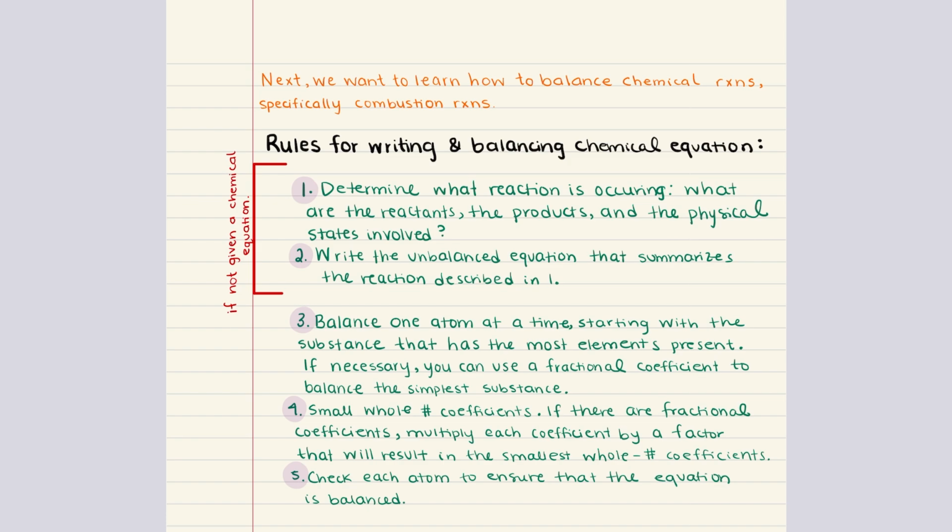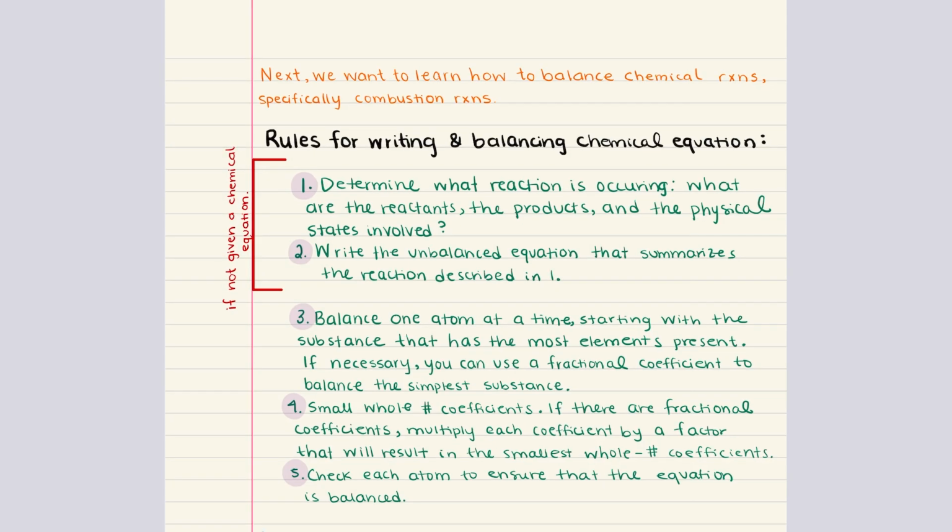This means that the number of atoms of each element in the reactants has to equal the number of atoms of those same elements in the products. Therefore, balancing equations ensures that the reaction accurately represents how atoms are rearranged without losing or gaining any.